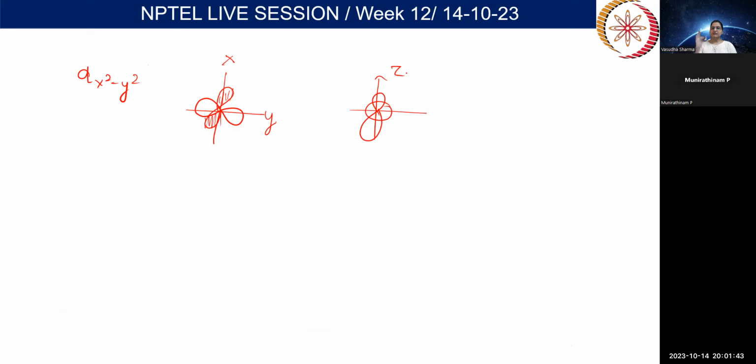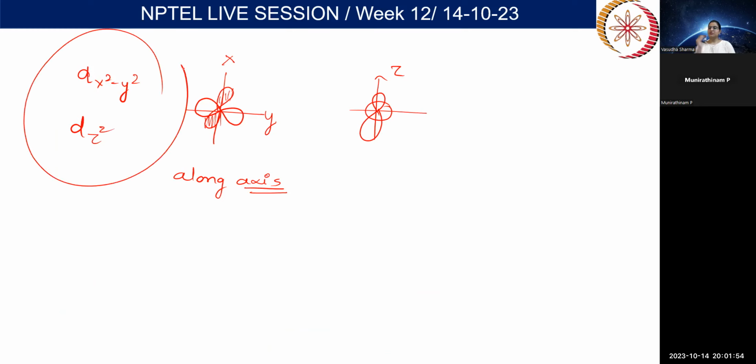So when I'm saying like this way, that means they are along the axis. And in octahedral, ligands are along the axis. That's why the orbitals which are along the axis are in more contact with the ligand orbitals. And because of that, electrons in d orbitals feel more repulsion. Because of the more repulsion, their energy level increases.